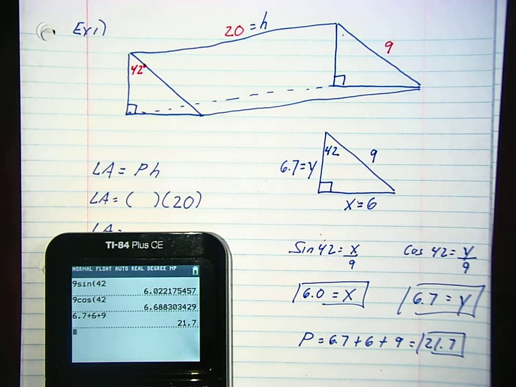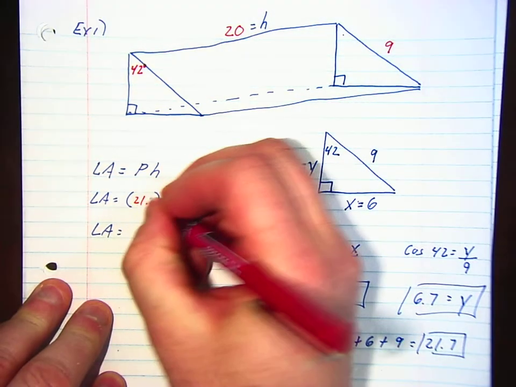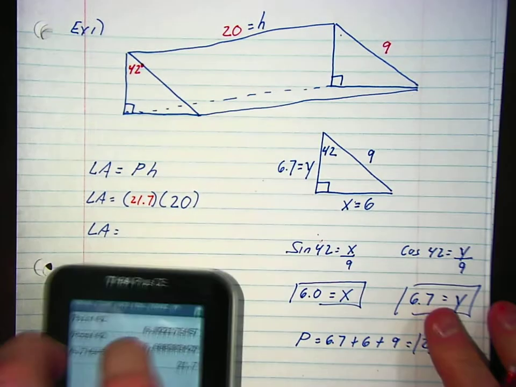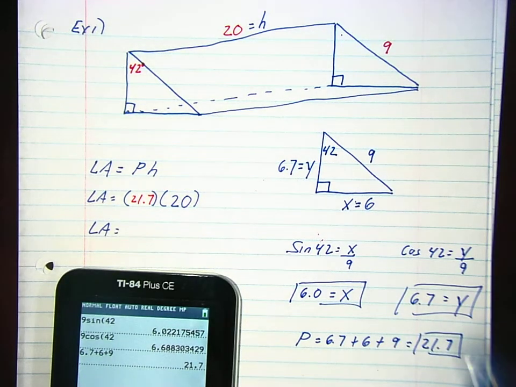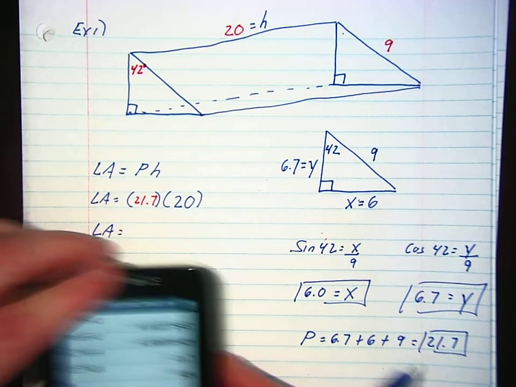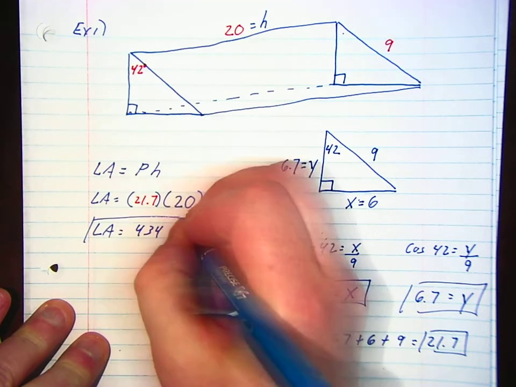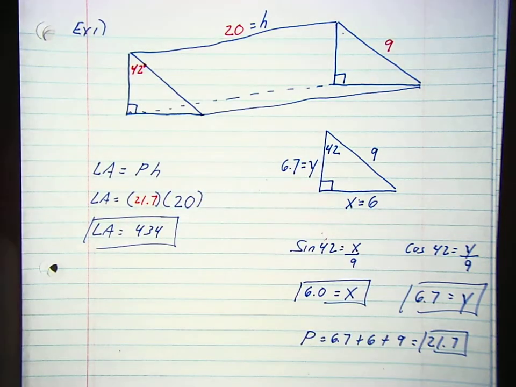Put it in your equation, and now you're done with lateral area. So 21.7, multiply those two together, and that's your lateral area. So 21.7 times 20, 434. Okay, done with lateral area.